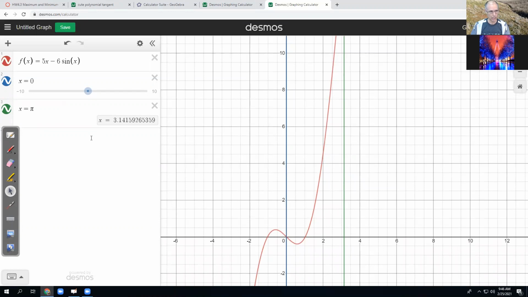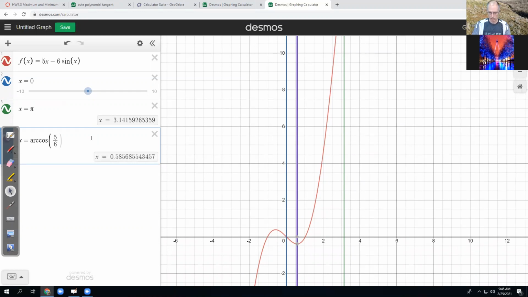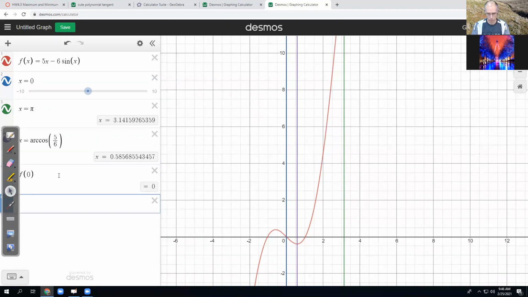And I found that, let's call it, I can type x equals the arc cosine of 5 over 6, another important thing. And so I can see that down here. So then I want to know what is f of 0 on the left. I want to know what is f of that arc cosine, which I already have. I'm just going to retype it here.